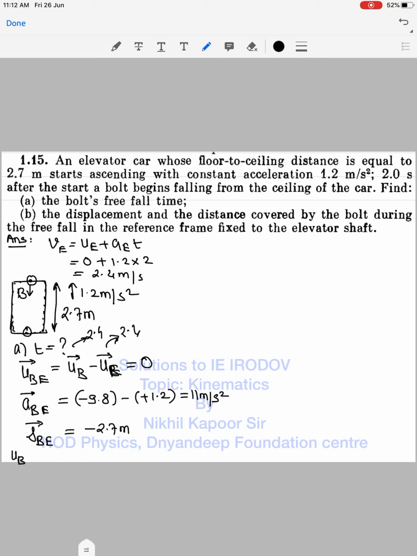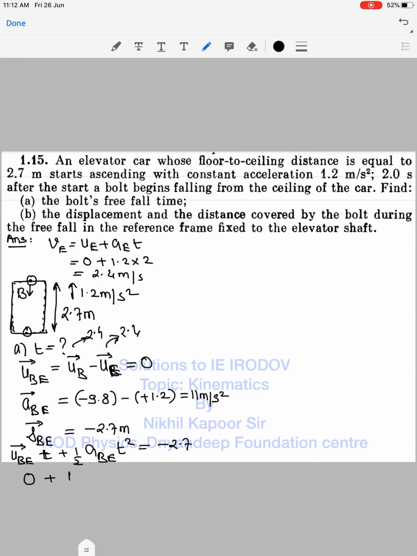Now using s equal to ut plus half at square, all things taken with respect to elevator, time will remain same.